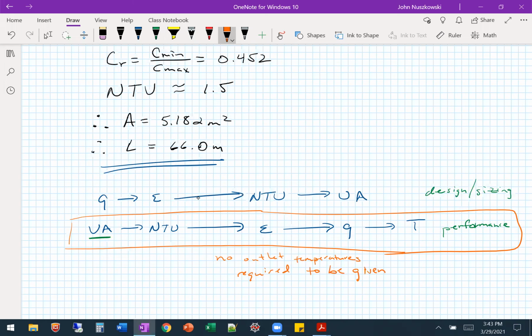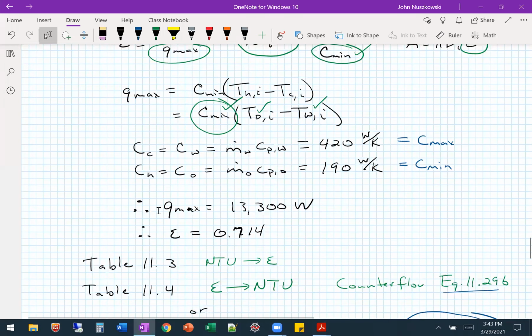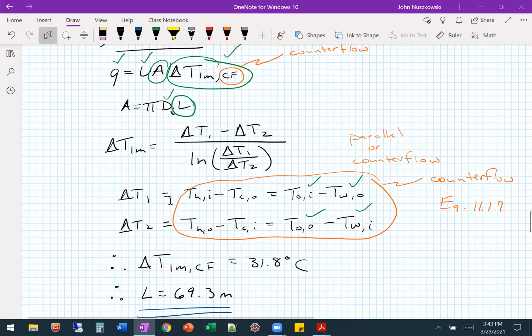So you only need inlet temperatures to go that route. If you had no outlet temperatures with the log mean temperature difference, it becomes a little trickier.